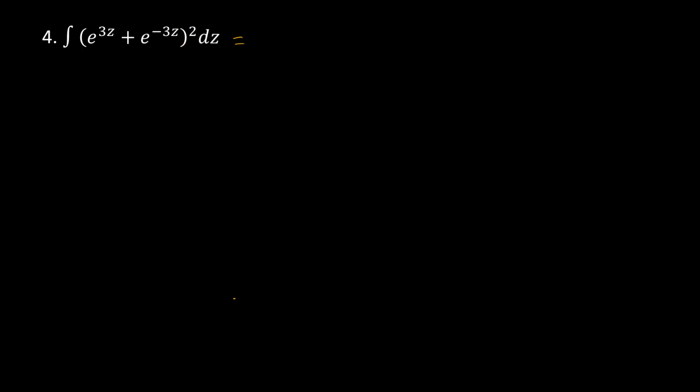Expanding, that will be equal to e raised to 3z squared, or e raised to 6z. Then the middle term will be twice the product. So that will be 2 times e to the 3z times e to the minus 3z. So we add the exponents 3z and negative 3z, which is 0. So it will be e raised to 0 or 1. So it's simply equal to 2.